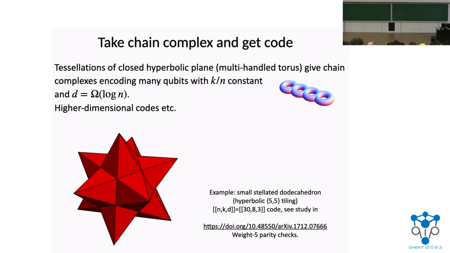The way to think about these codes is that your faces are pentagons, meaning that the parity check weight is 5. Sorry, the parity check weight, both for the X and Z checks, is 5, because every vertex is touched by 5 pentagons. That gives you the parameters of the code as well.